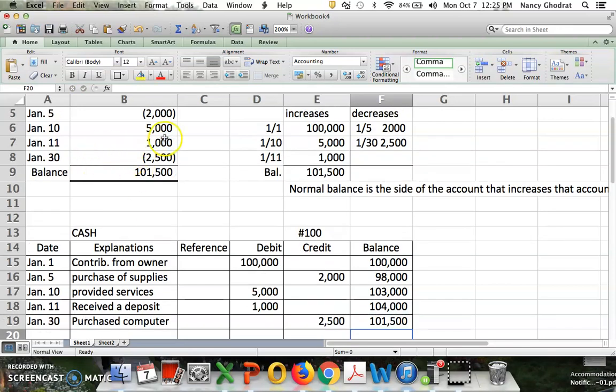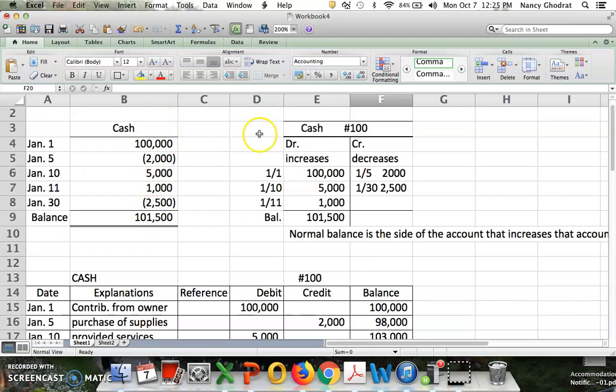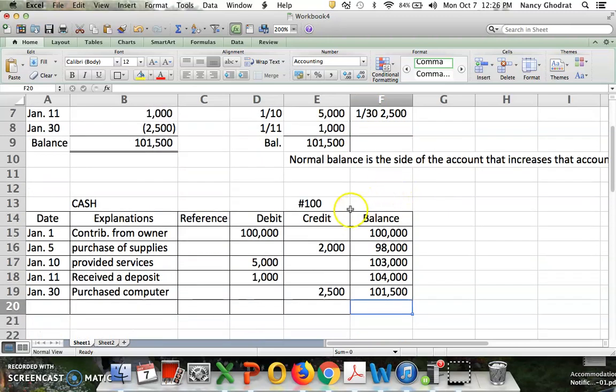So that's the difference between a column format account and a T account, which we just use informally for demonstration and teaching purposes, and a standard format account that is used in the formal records of companies. All the companies use a standard format account, which has 6 columns.